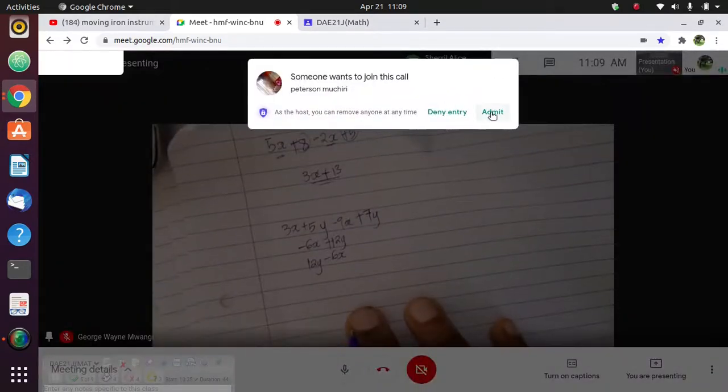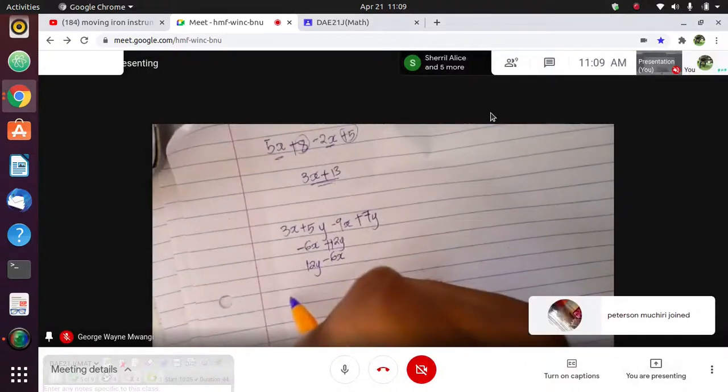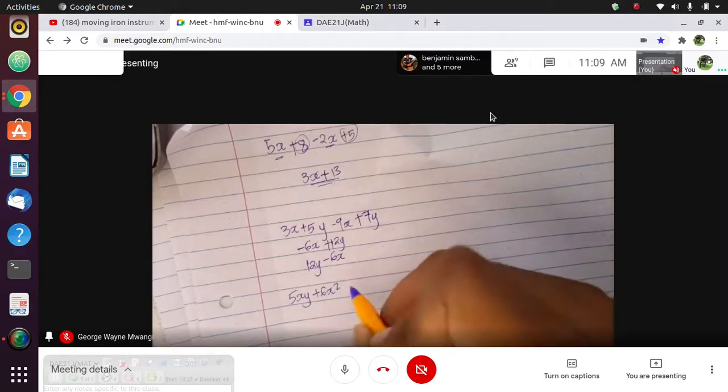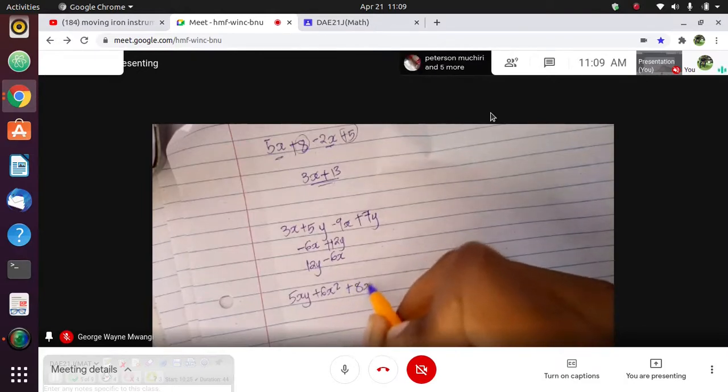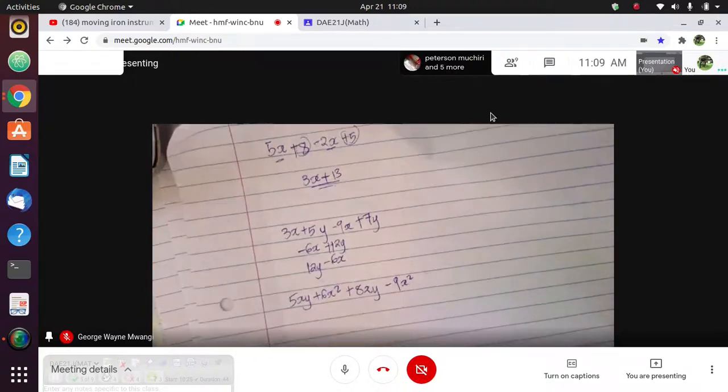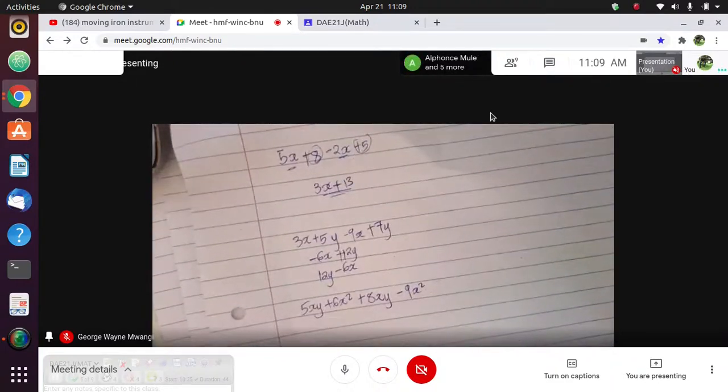Now let us do this. 5xy plus 6x squared plus 8xy minus 9x squared. You have been given that expression and you have been told to simplify.